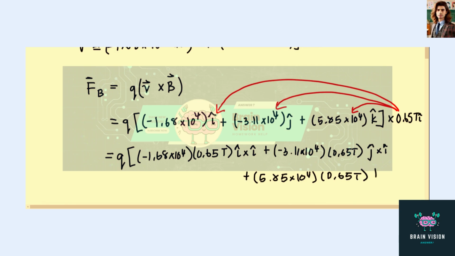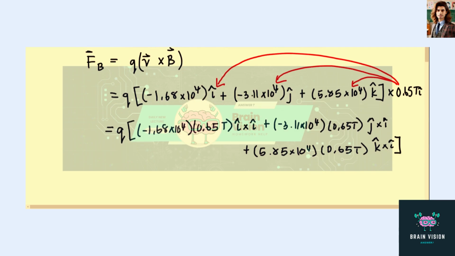So once you've done all of that, then you can go through and figure out what the cross products of the unit vectors is. So I hat cross I hat, if you have vectors that are parallel and you cross them, that's always going to be equal to 0. So that gets rid of that term right away. J hat cross I hat, that's crossing the y-axis into the x-axis.